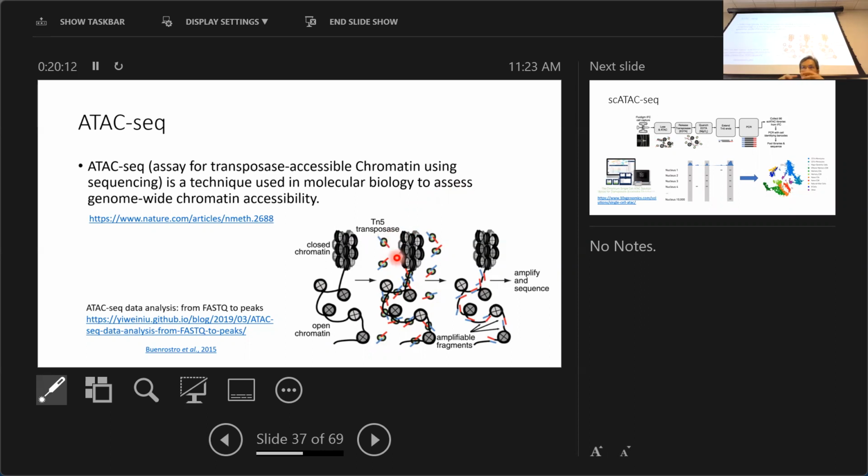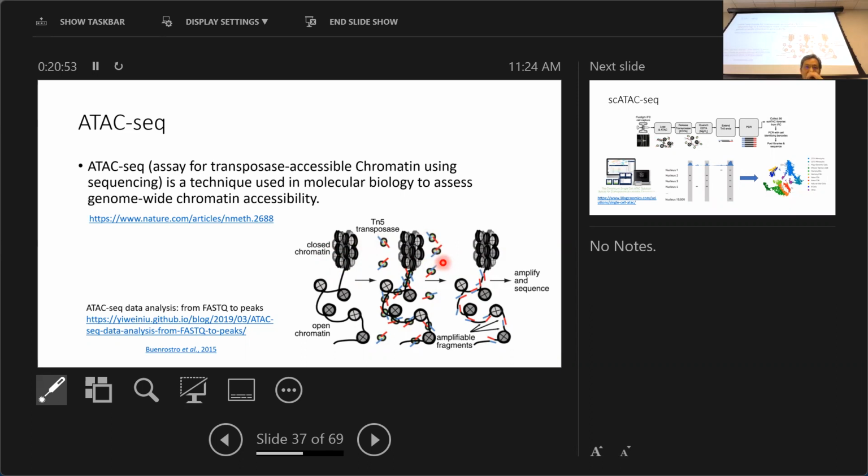So people borrowed this system from bacteria to cut the cells' chromatin. You collect all the DNA, let it be cut, and then sequence these tags. If you find a region with a lot of tags, the place is completely open, while the closed part will never get cut, so it has no label.